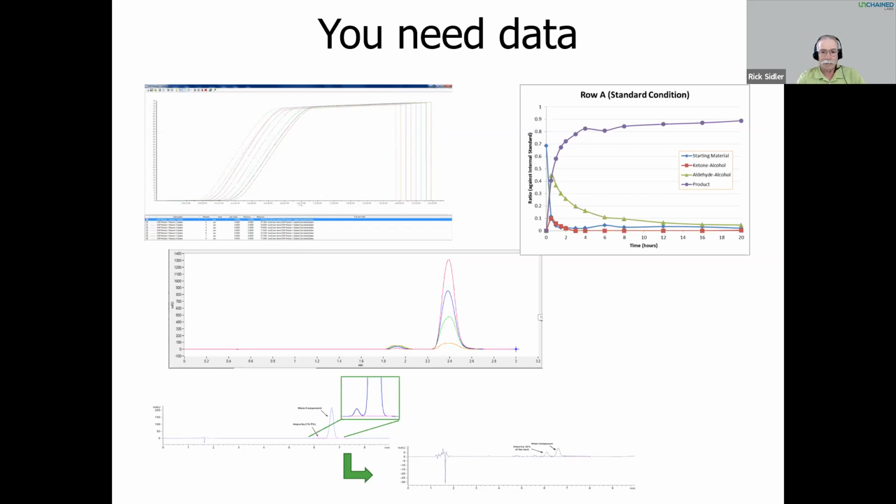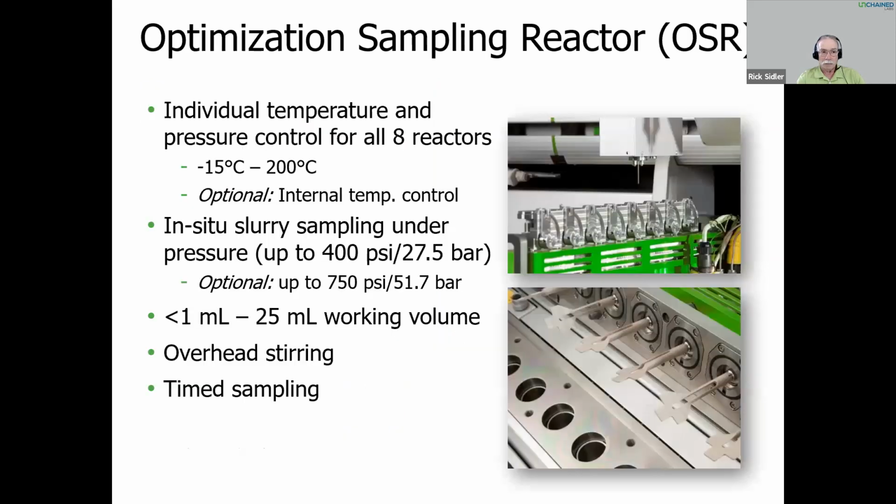For pressure reactions, it really doesn't get any better than the OSR. The OSR is a module of 8 individual reactors. The reactors have individual temperature and pressure control, can run anywhere from -15 degrees C up to 200 degrees C. We can run reactions up to 400 PSI with the option for increasing that to 750 PSI range.